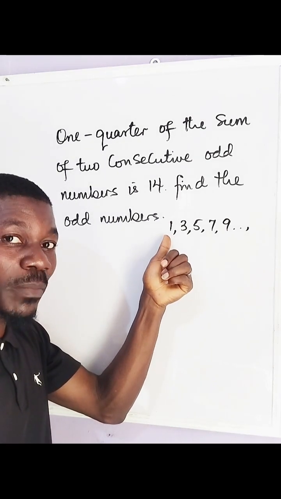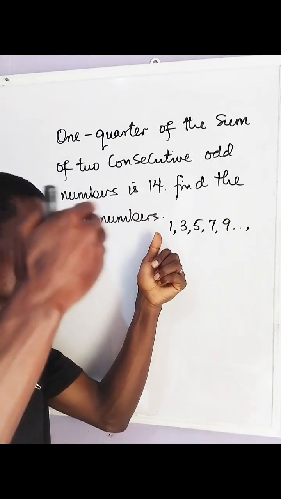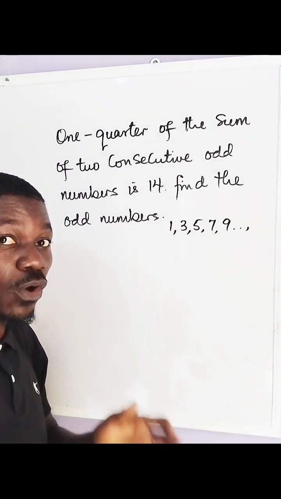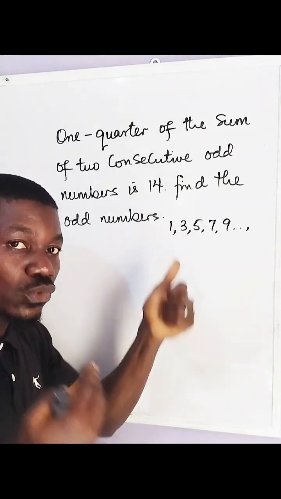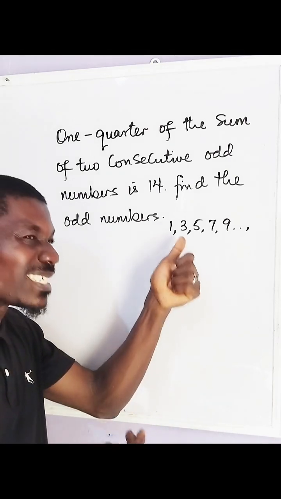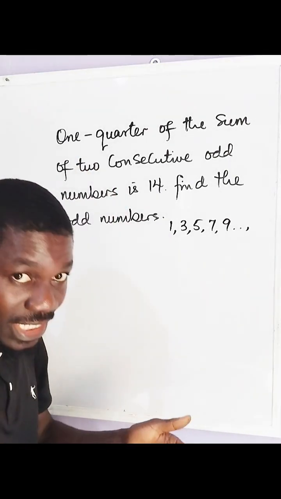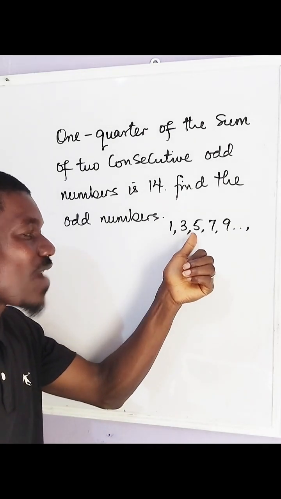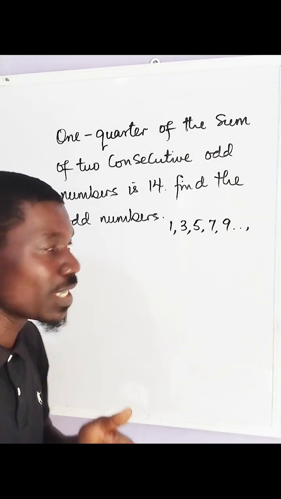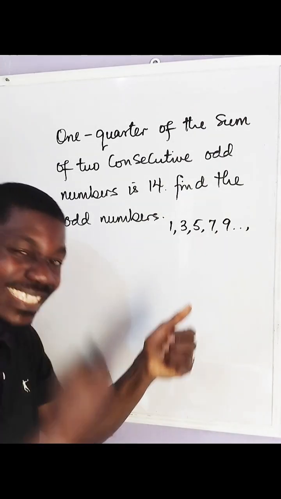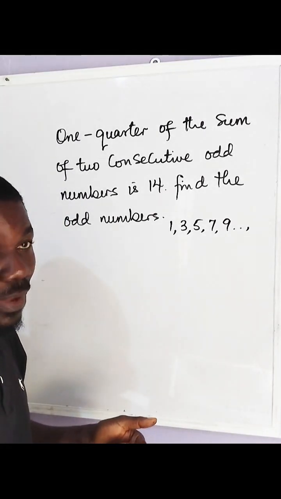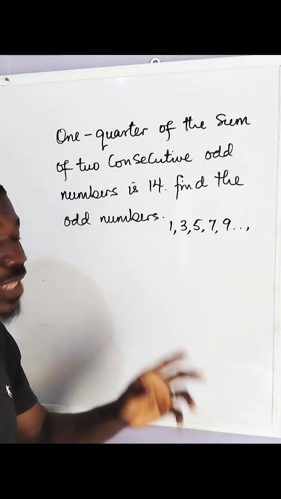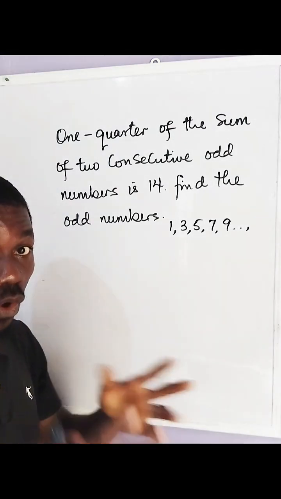This is the first odd number, and the next odd number that follows 1 is 3, making both of them 2 consecutive odd numbers. 3 and 5 are 2 consecutive odd numbers, because after 3 the next odd number is 5. 1 and 5 are not 2 consecutive odd numbers, because 5 cannot follow 1 as the next odd number. Okay, now we've cleared the air regarding odd numbers and 2 consecutive odd numbers.